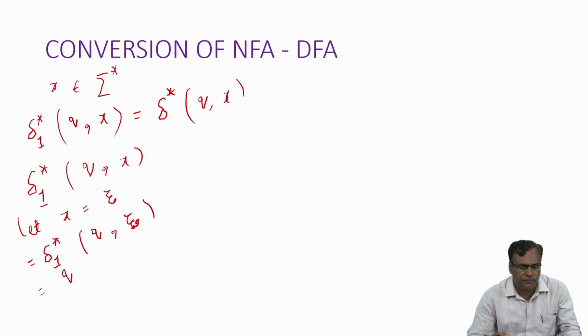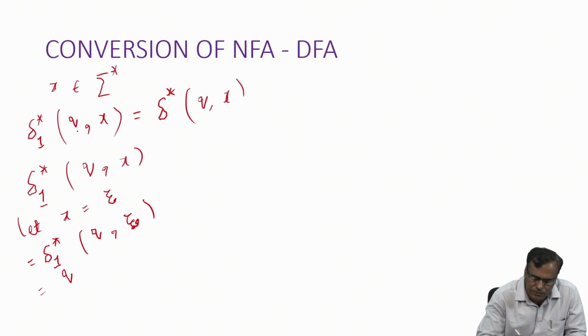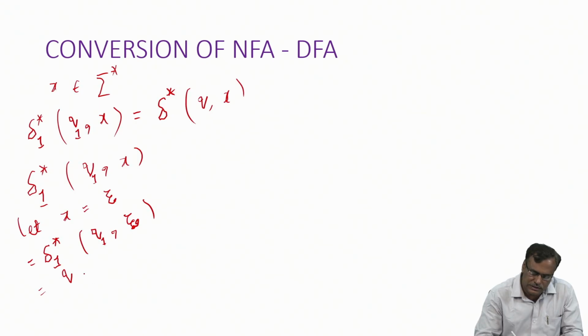For a DFA, I used the subscript 1, delta 1. If I make this change, wherever q is there, you just replace it with q1. So this becomes q1 itself.